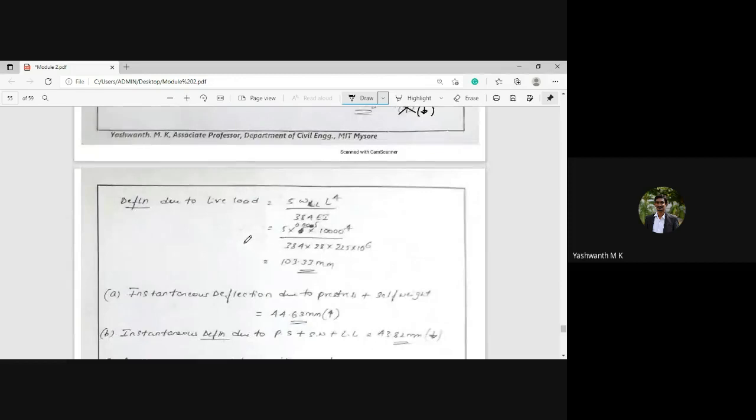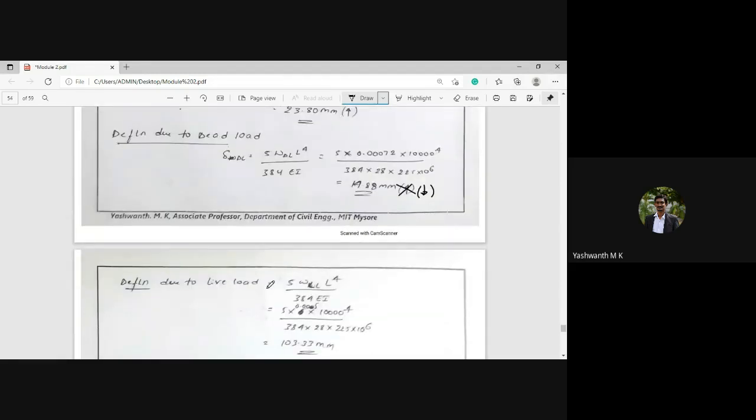Next, let me go ahead with deflection due to live load, because we also need to calculate the instantaneous deflection at working stage. To calculate the deflection due to live load, you need to observe the problem clearly: what is the live load acting on the beam. In this particular problem, the live load acts as a UDL, so the formula will be 5 WL into L to the power of 4 divided by 384 EI.